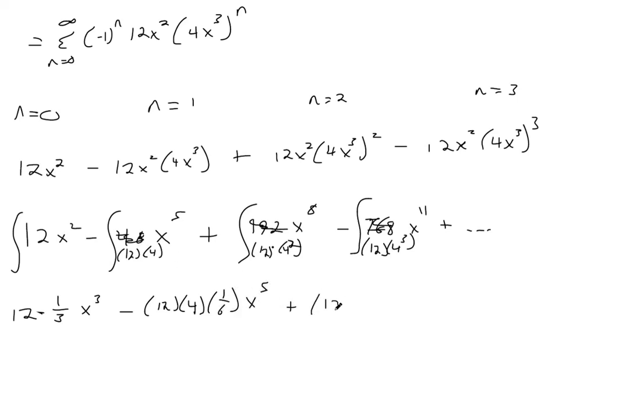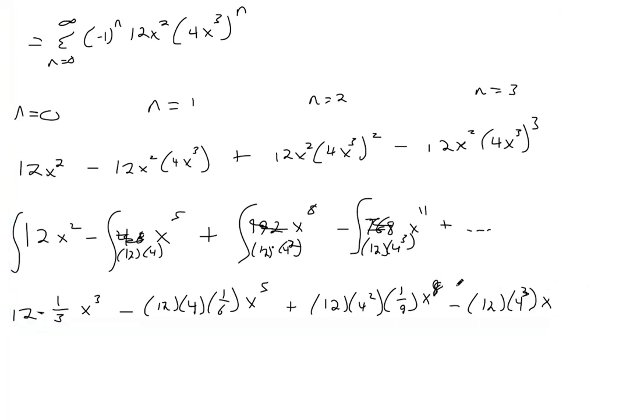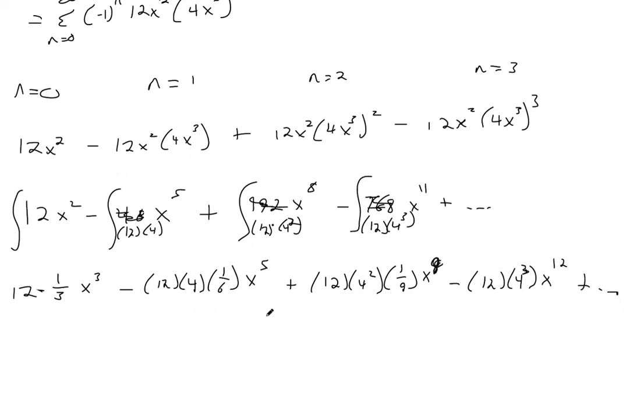And then this is 12 times 4 squared times 1/9 x to the 8th. And then we've got 12 times 4 to the third times x to the 12th. Oh, sorry, this should be x to the 9th. I forgot I was taking an antiderivative. And then the pattern continues.